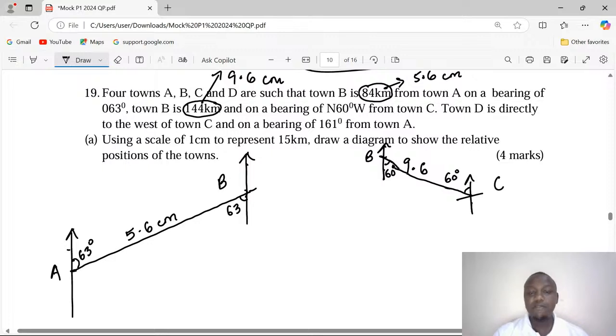And this means from B, the position of C is from south 60 degrees towards the east.